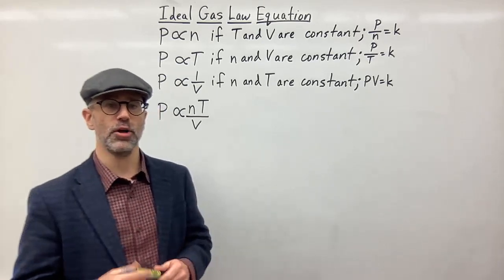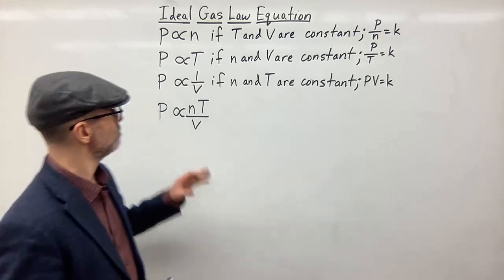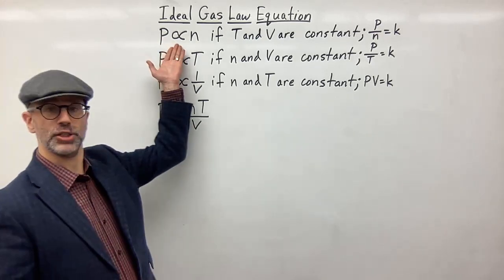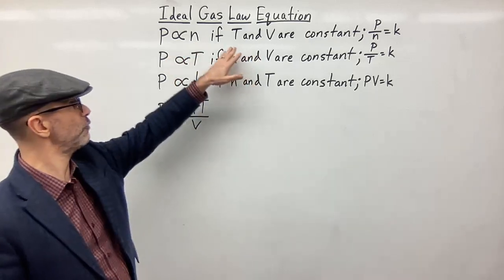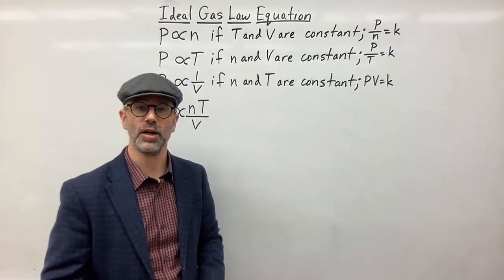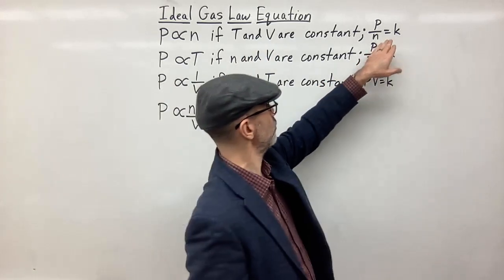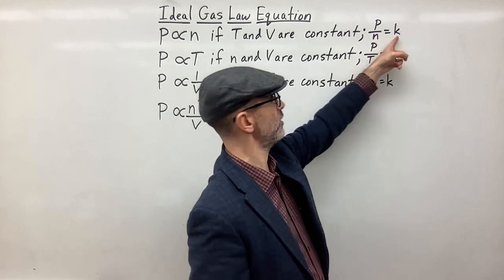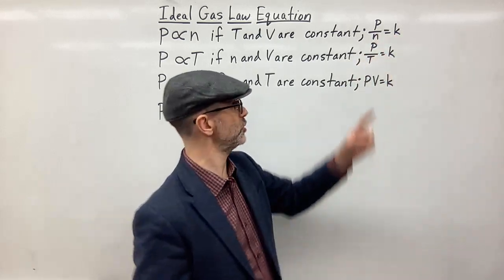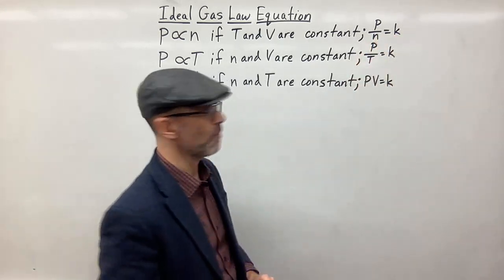If you remember from my other videos, I showed you that pressure is proportional to the amount of gas if temperature and volume are constant. This gave us the relationship P over n is equal to some constant K, pressure over the amount of gas.